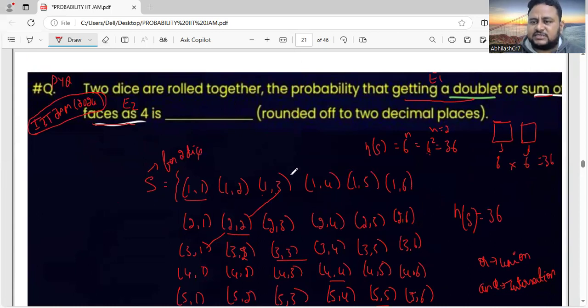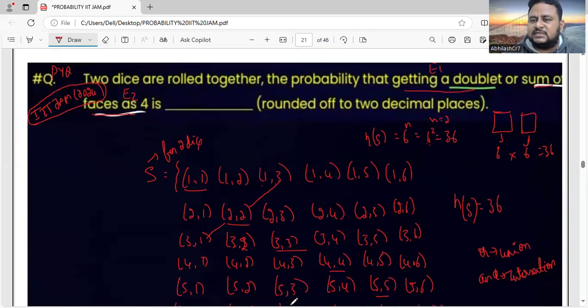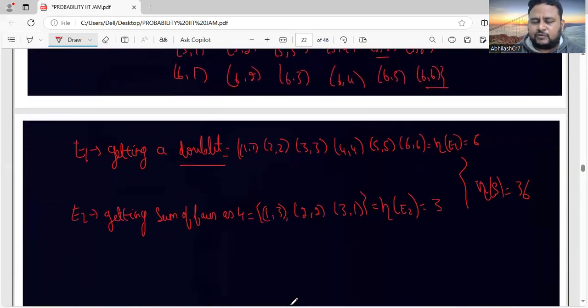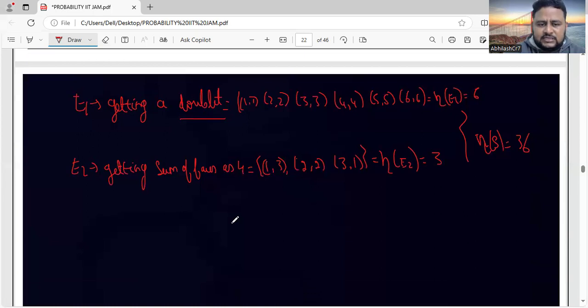Or means union. That is, they're asking P of E1, where E1 is getting a doublet, or means union, E2 means getting sum of faces as 4. We have to use the formula.